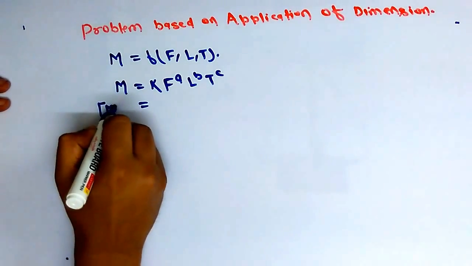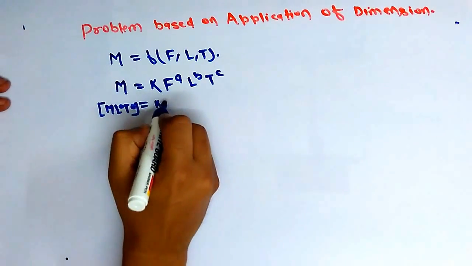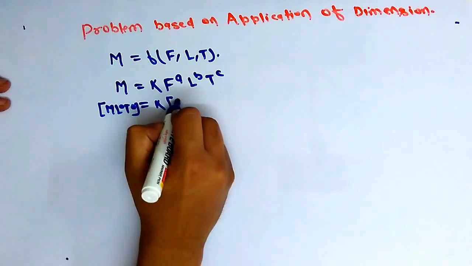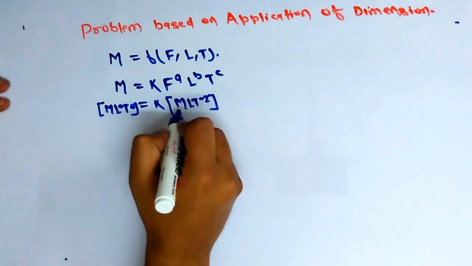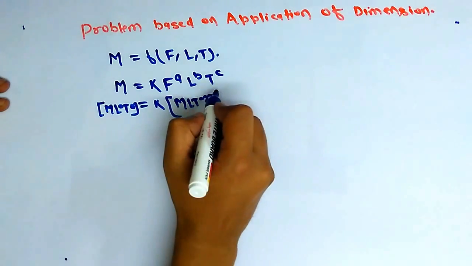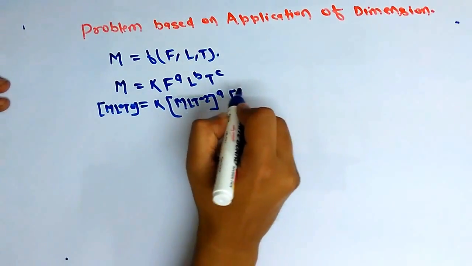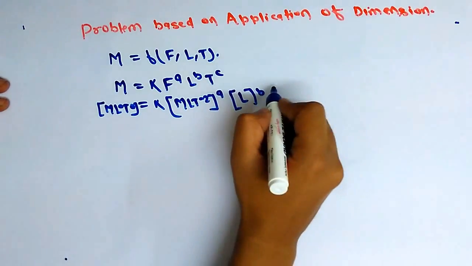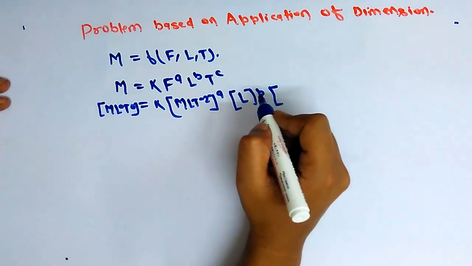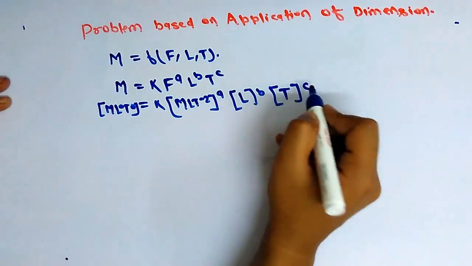I can write it as M L^0 T^0, and this is k. The dimension of f is M L T^-2, mass into acceleration, having power a, and this is the dimension of length, L to the b, and for t, this is the dimension of time, so I will write T to the c.